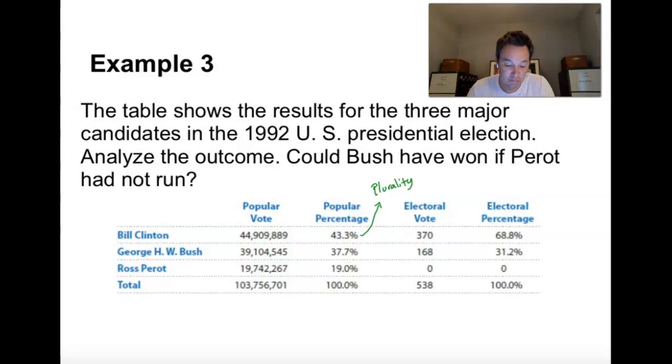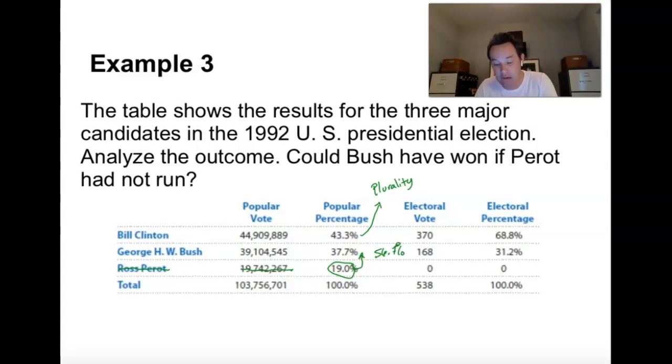So if Perot didn't run, we're going to expect that 19% has to be divided between Clinton and Bush. And let's look at the extreme case, the whole 19% goes to Bush, 37.7 plus 19. If we add it on, that's going to give me 56.7% of the vote.